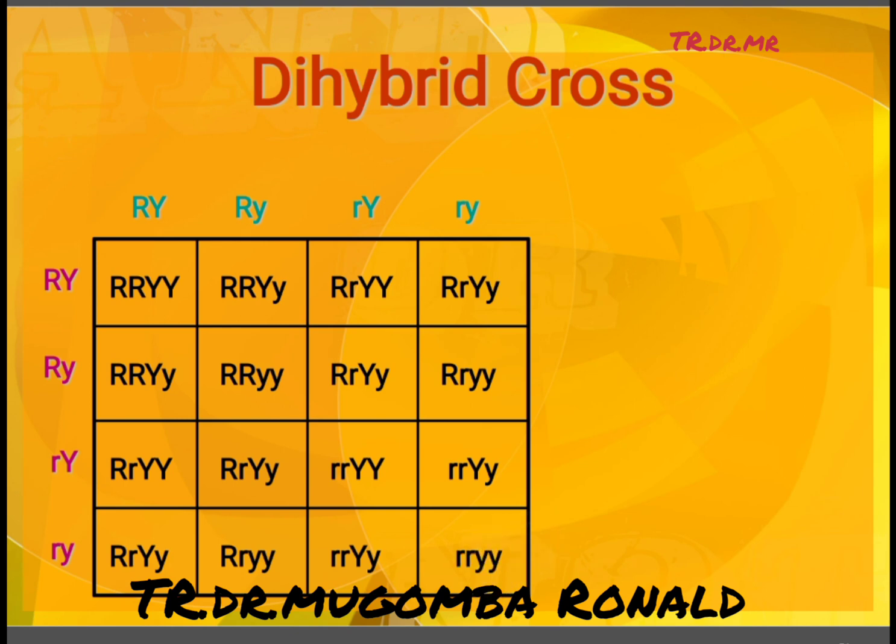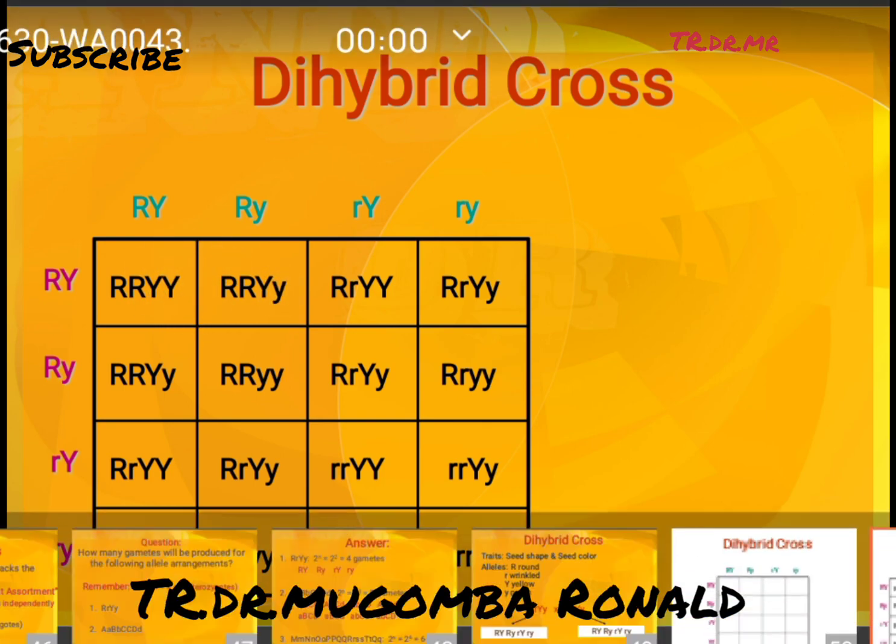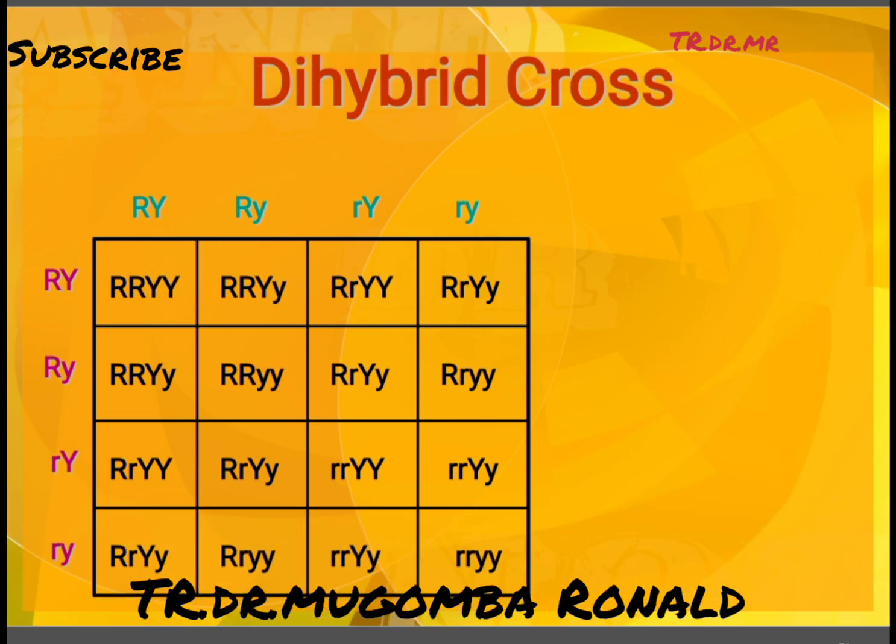So can we go ahead together and count the ones which are round yellow? You tell me. 1, 2, 3, 4, 5, 6, 7, 8, 9, 10.